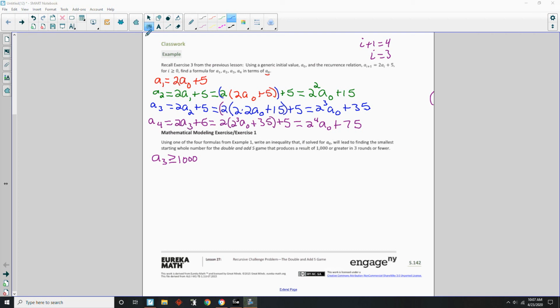So now we can replace what we found for a sub 3, which is 2 cubed a sub 0 plus 35, is greater than or equal to 1,000.